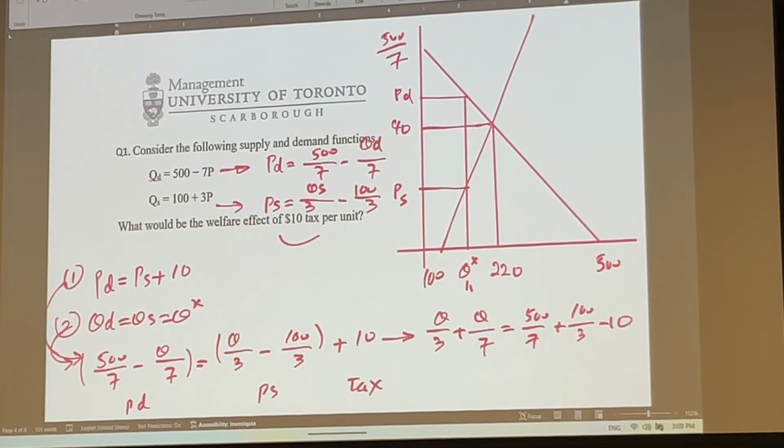That's what the graph says. How much do you get? 199. That is 199.